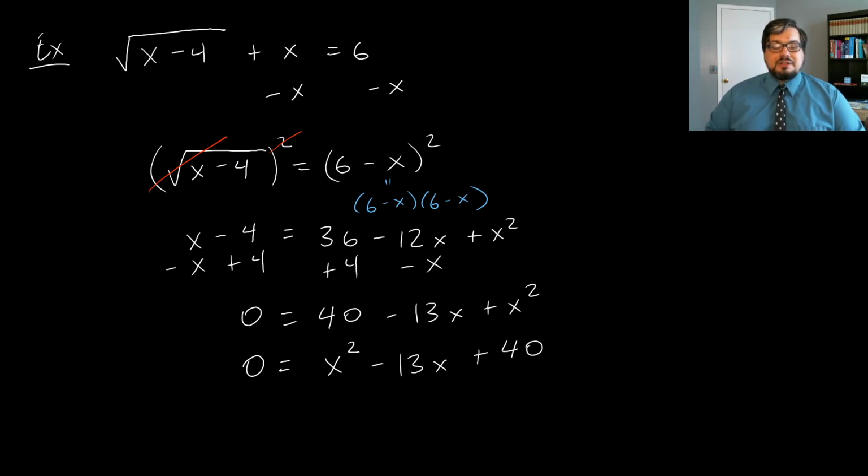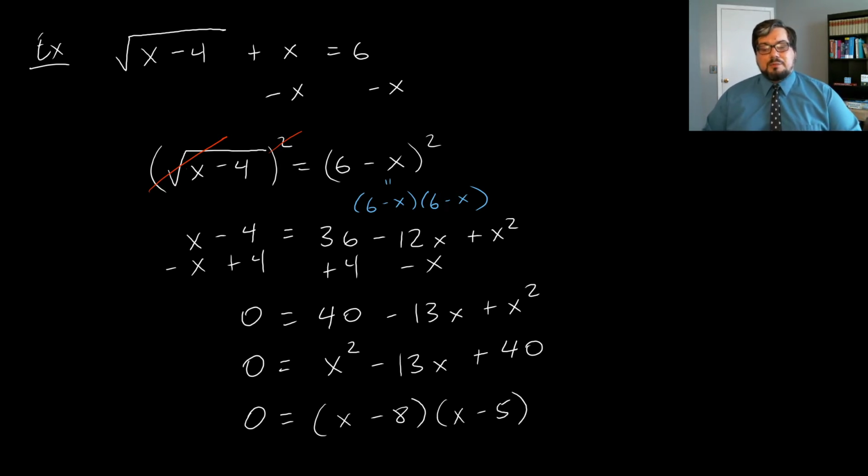Now, to factor this, we need to find two numbers that added to equal negative 13 and multiplied to equal 40. Fortunately for us, such numbers exist. So we get x minus 8 and x minus 5. Negative 8 plus negative 5 is negative 13. Negative 8 times negative 5 is positive 40.